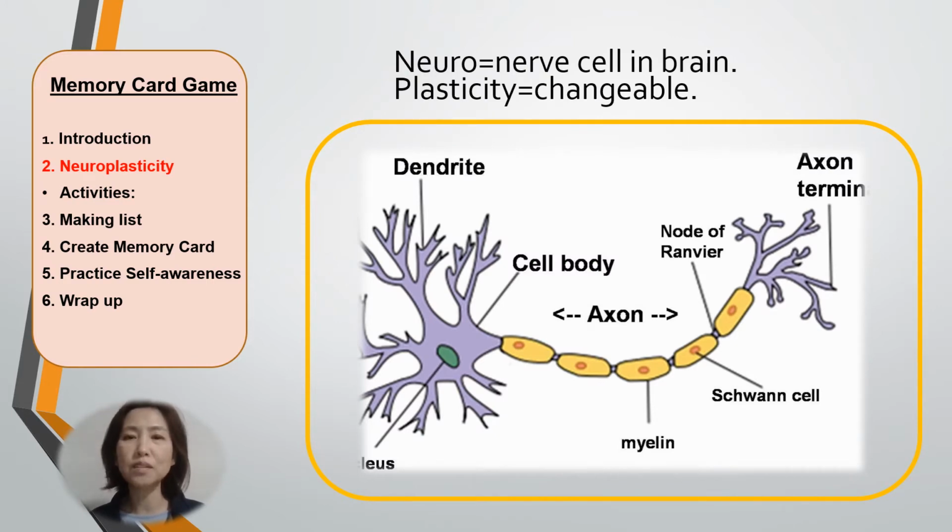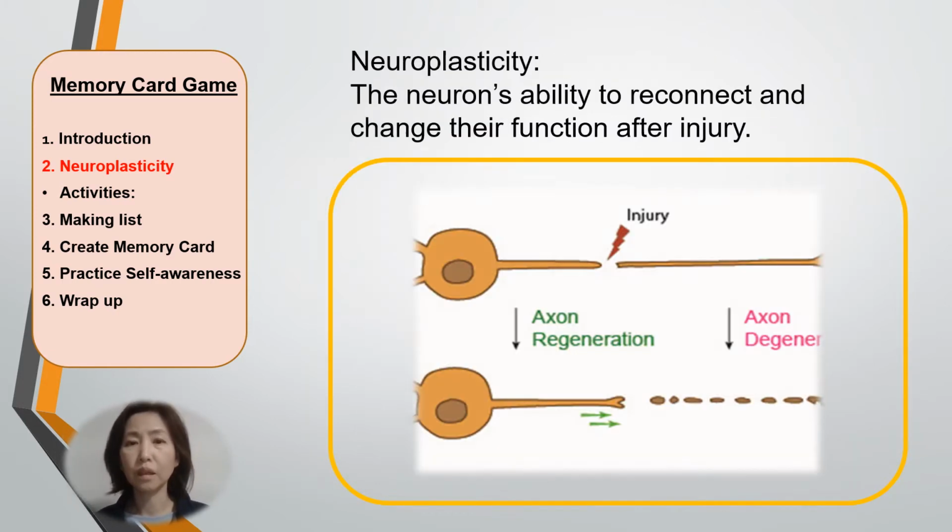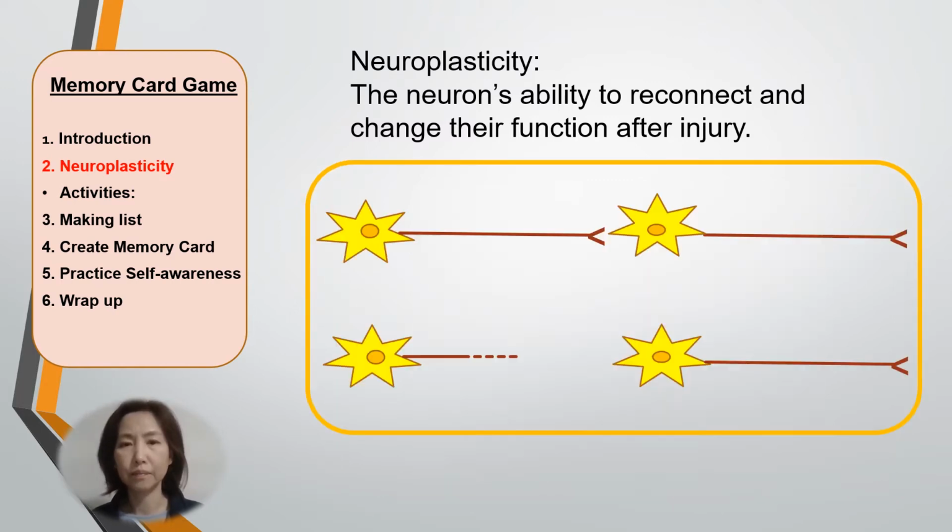Neuroplasticity, the word's meaning can be split into neuro, nerve cell, plasticity, changeable. So, when you put those together, neuroplasticity is the ability of neurons to reconnect and change their function or structure after injury.